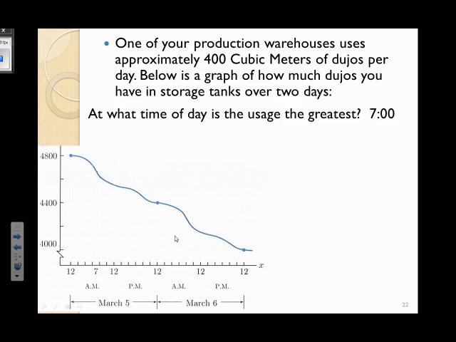Now, how do we know that? Since we aren't asked for a specific value at this point, we could say the usage is going to be the greatest over time, since the hour increments are the same. If it's using the greatest, it's going to go down the fastest.